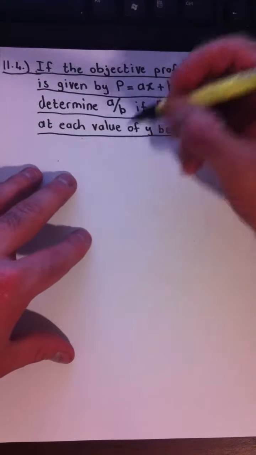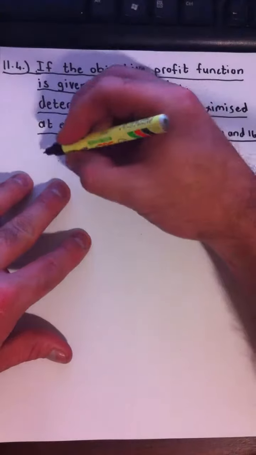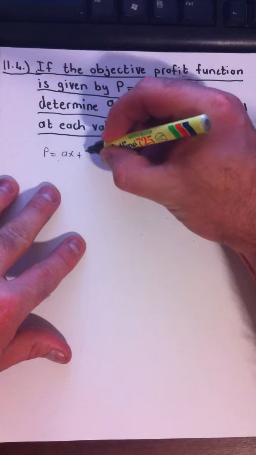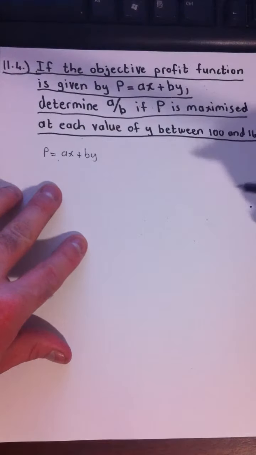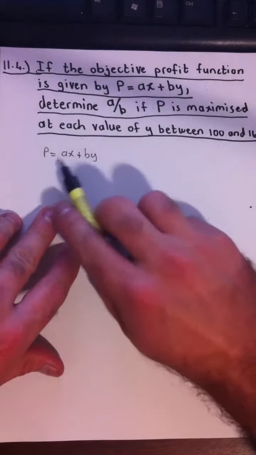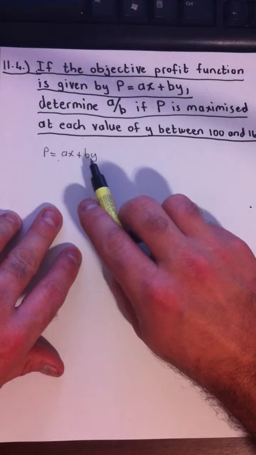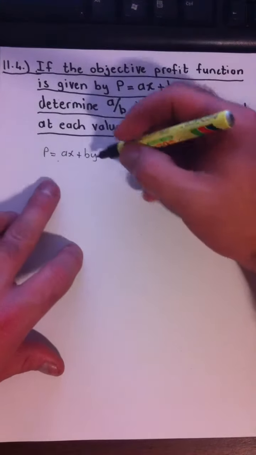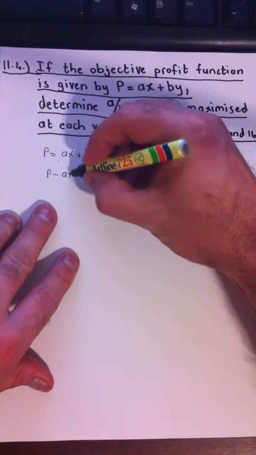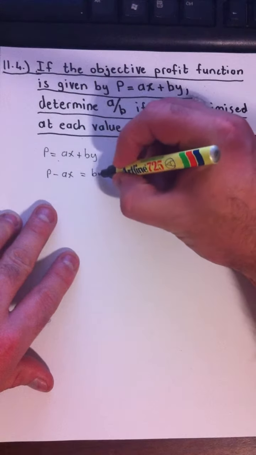Because why do we need that? Well, let's see. If we have this equation P equals AX plus BY, and we want to maximize the profit, just like we did in the previous question, we need to find the gradient if we have Y equals. So let's rearrange this equation. We'll say P minus AX equals BY.